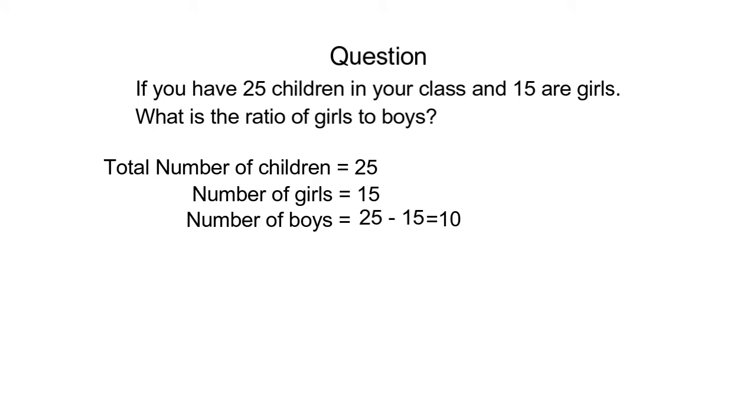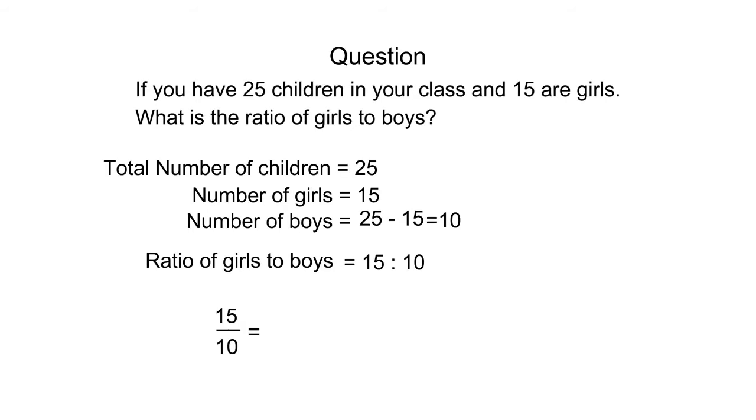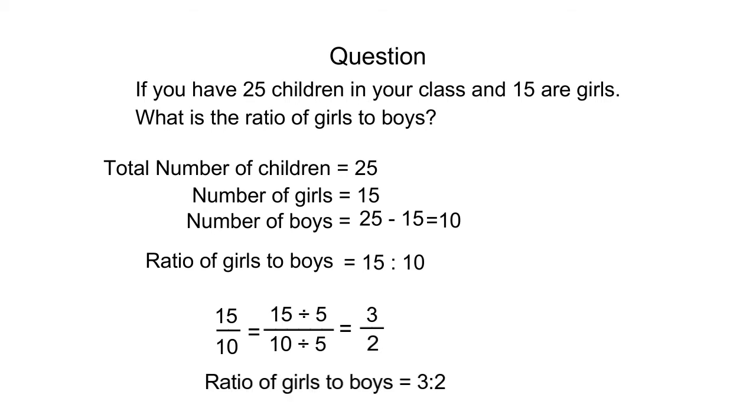So the number of boys is 10. Now, the ratio of girls to boys would be 15:10. This could also be simplified. So we divide both numbers by 5, since both numbers are in the table of 5. So the ratio of girls to boys could also be expressed as 3:2.